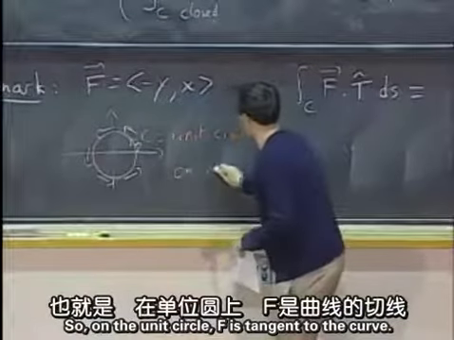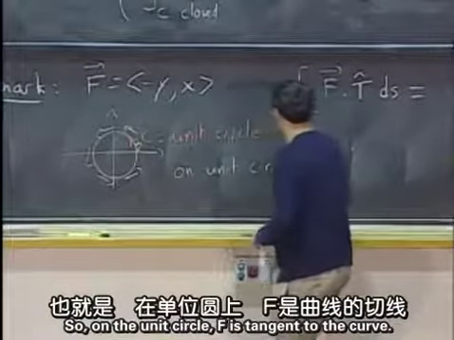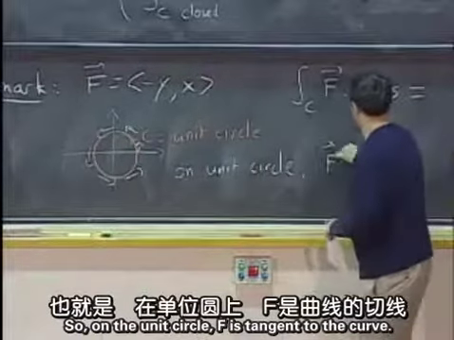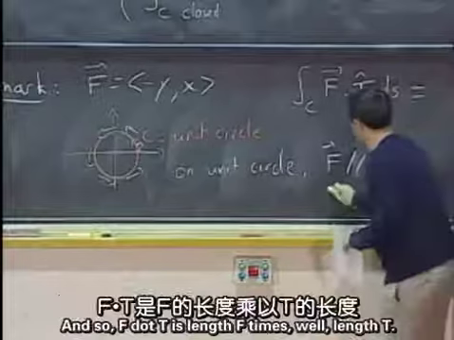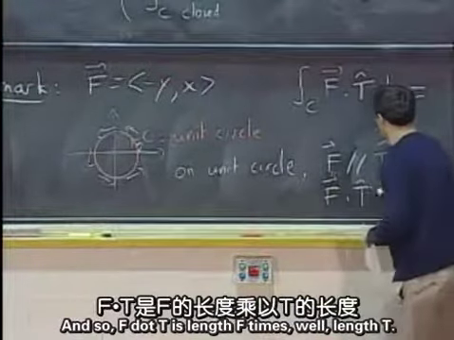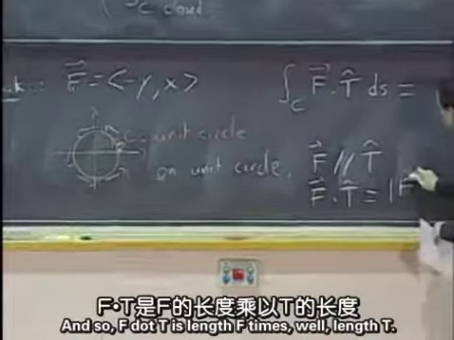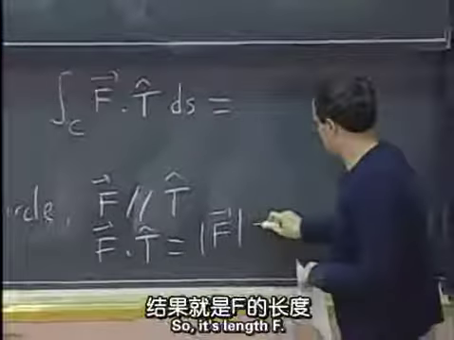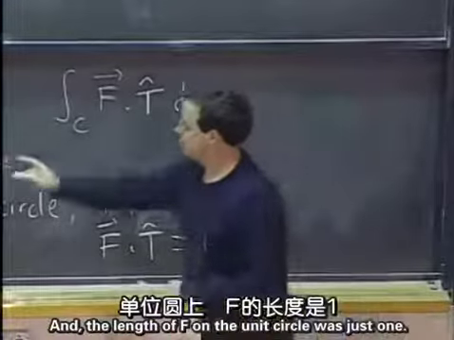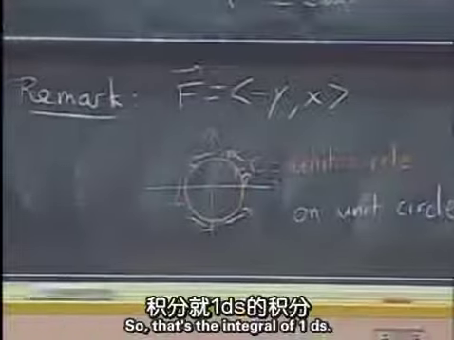Because the vector field is tangent to the circle, on the unit circle f is tangent to the curve, and so f dot t is length f times length t, but t is a unit vector, so it's length f, and the length of f on the unit circle was just 1.